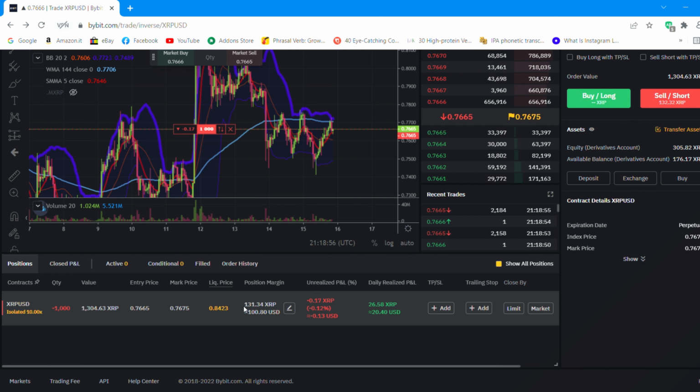If I go 10x, that means the price has to go 10% up or down in value. 10% up in this case, because I'm selling, for my position to be liquidated. So I went in at 76.65.